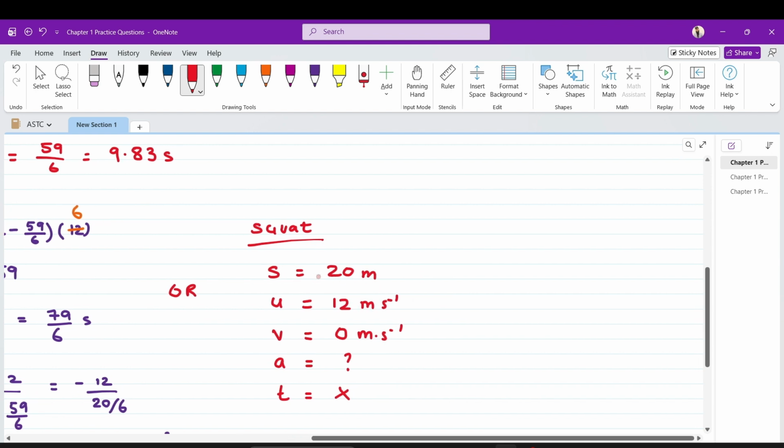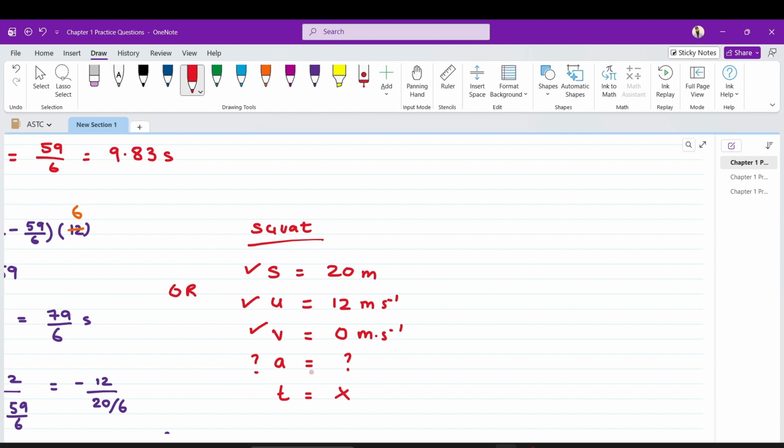Now, there are some equations of motion which we use when our acceleration is constant. There are five equations, and we use them based on which variables are known to us. For example, I know the displacement, the initial velocity, and the final velocity, and I only need to find acceleration.